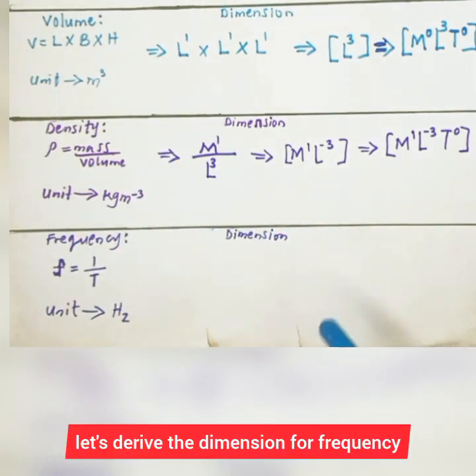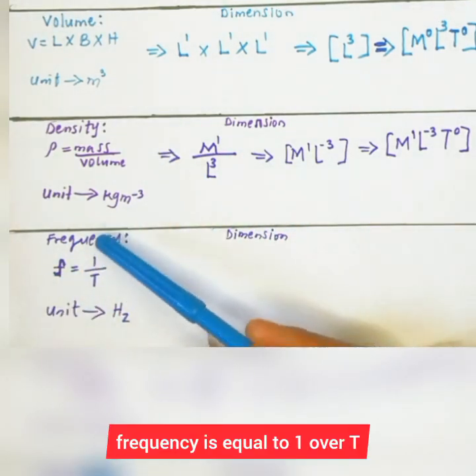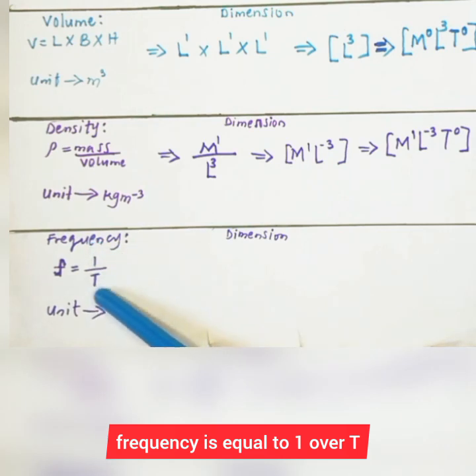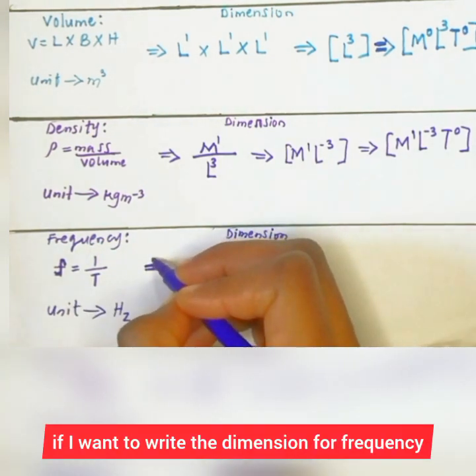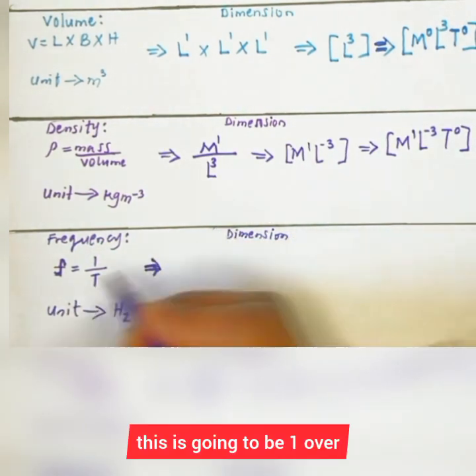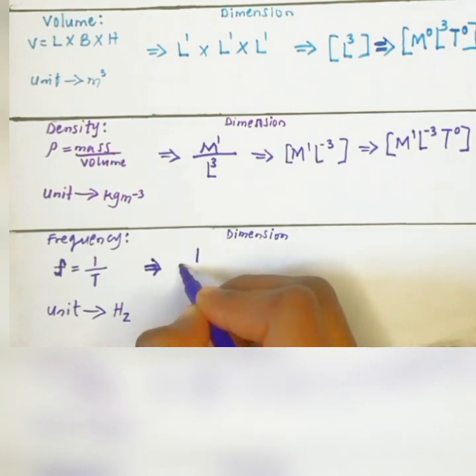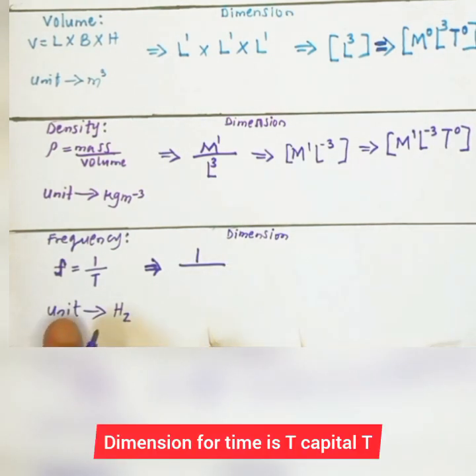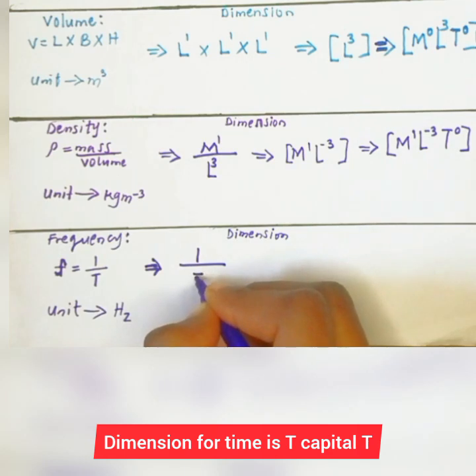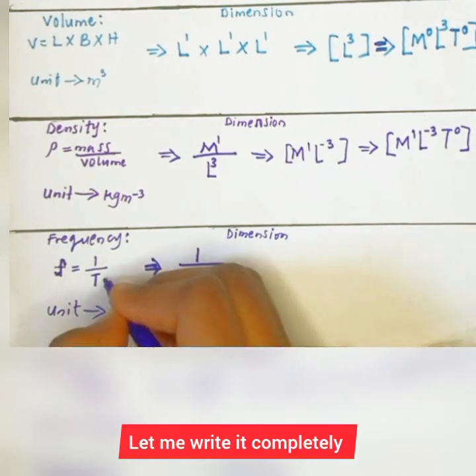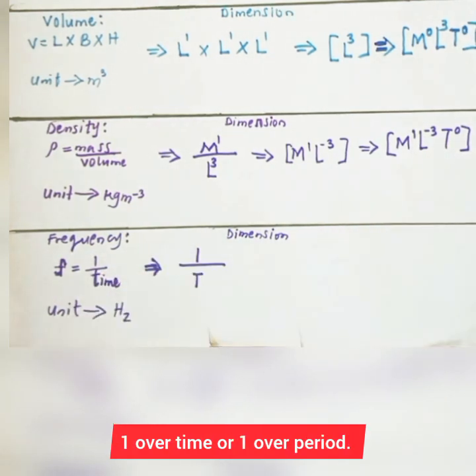Let's derive the dimension for frequency. Frequency is equal to 1 over T. If I want to write the dimension for frequency, this is going to be 1 over the dimension for time, which is T, capital T. Let me write it completely: 1 over time, or 1 over period.